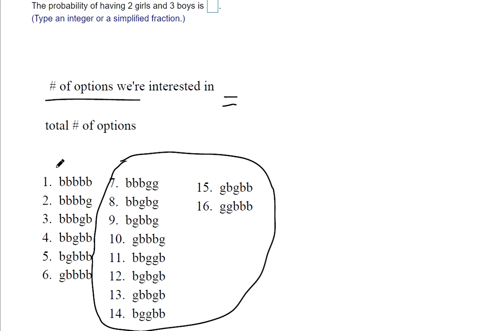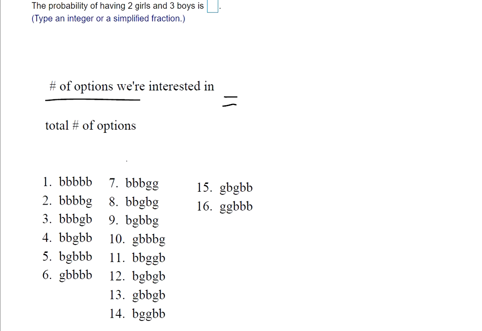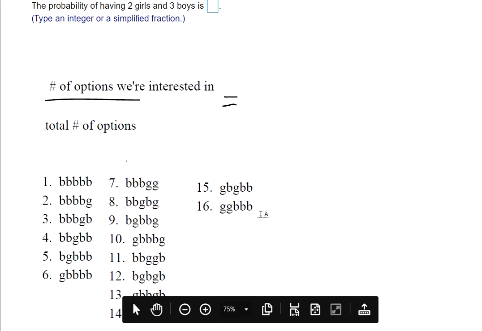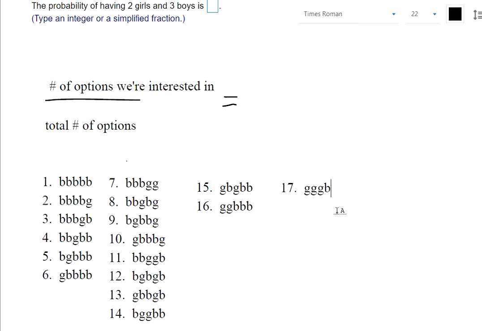Yeah, okay. And then you could just switch all the letter G's with all the letter B's and just repeat the process for having 3 girls and 2 boys. Because remember, we need to calculate the total amount of different ways that we could have a 5-child family.